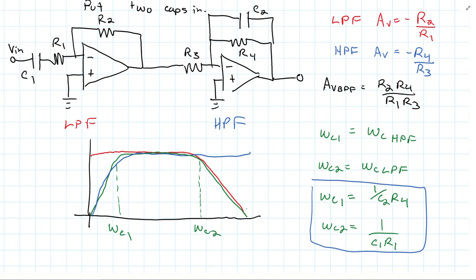Now there is another way to design this. Let's look at this here. We've got 1, 2, 3, 4, 5, 6 components and 2 op amps.